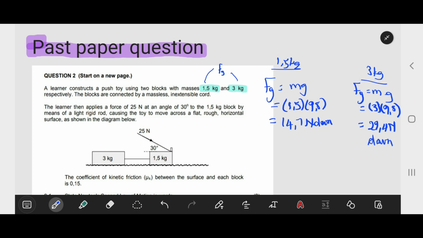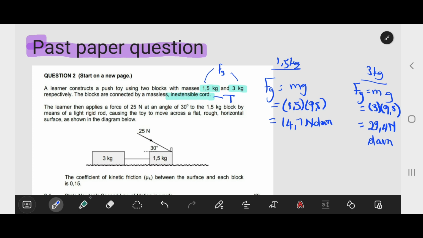Okay, so the blocks are connected by a massless inextensible cord. The fact that we have an inextensible cord means we will have tension in that cord, right? So the learner then applies a force of 25 newtons at an angle of 30 degrees to the 1.5 kg block by means of a light rigid rod.